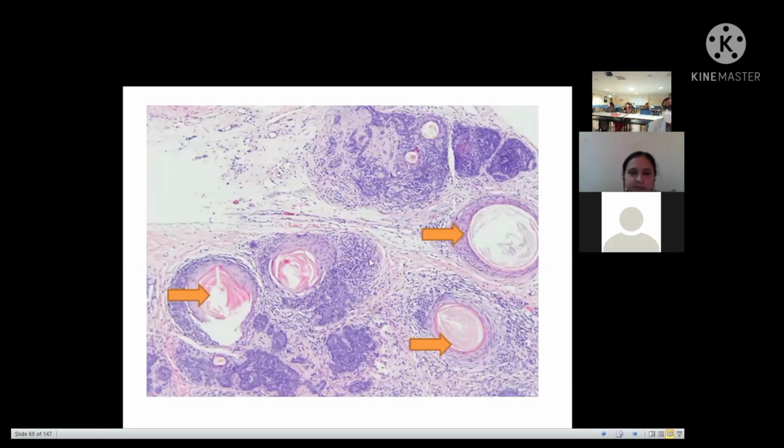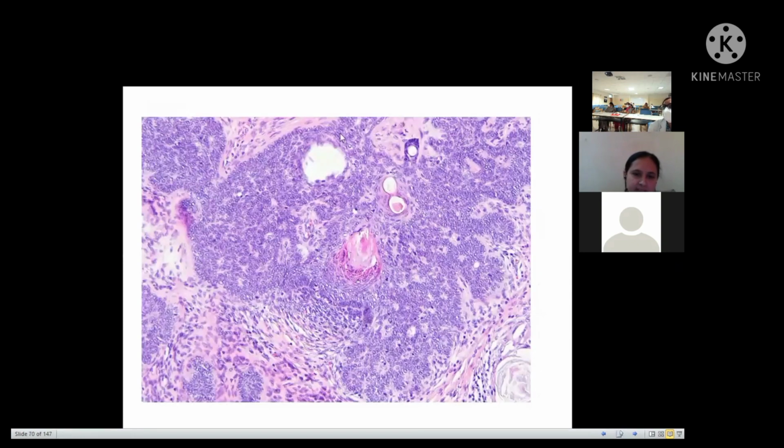Also we can appreciate the peripheral palisading in the basaloid cells, and they are very closely associated with the stroma, and also some hair formation we can make out.